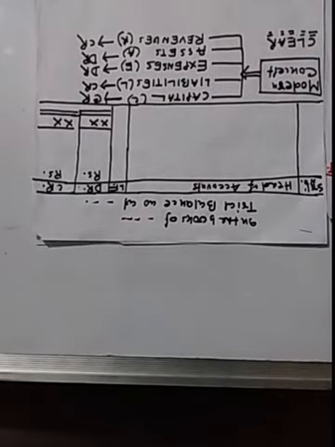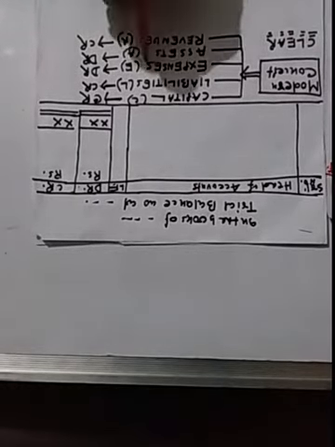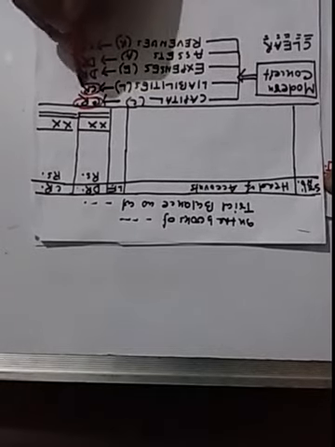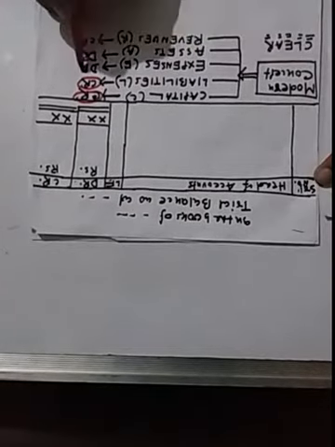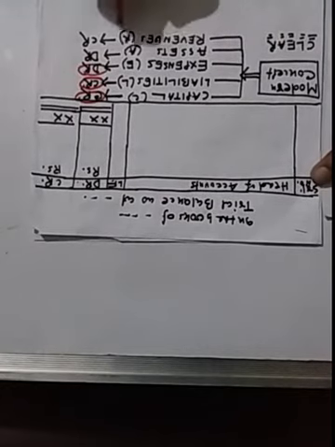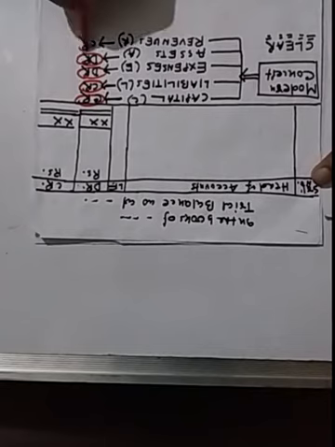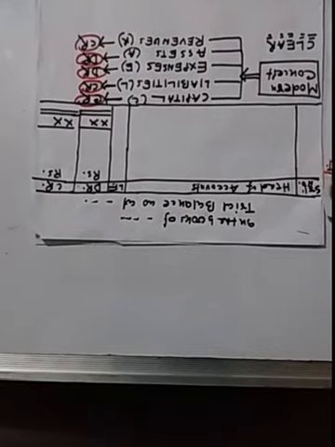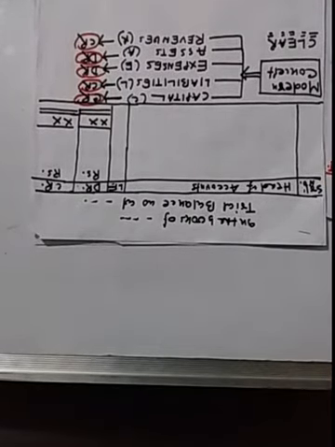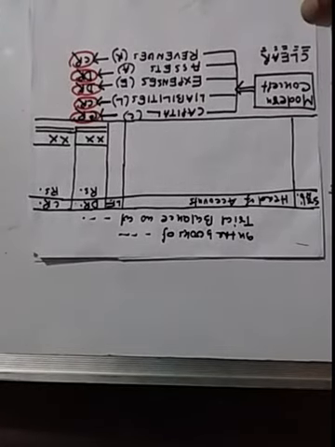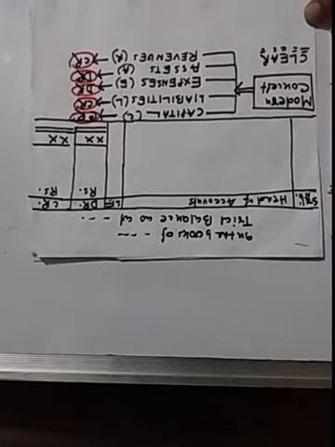Clear? Again I am repeating: capital will be credit, liabilities will be credit, expenses will be debit, assets will be debit, revenue will be credit. These are the debit and credit norms under the modern concept.